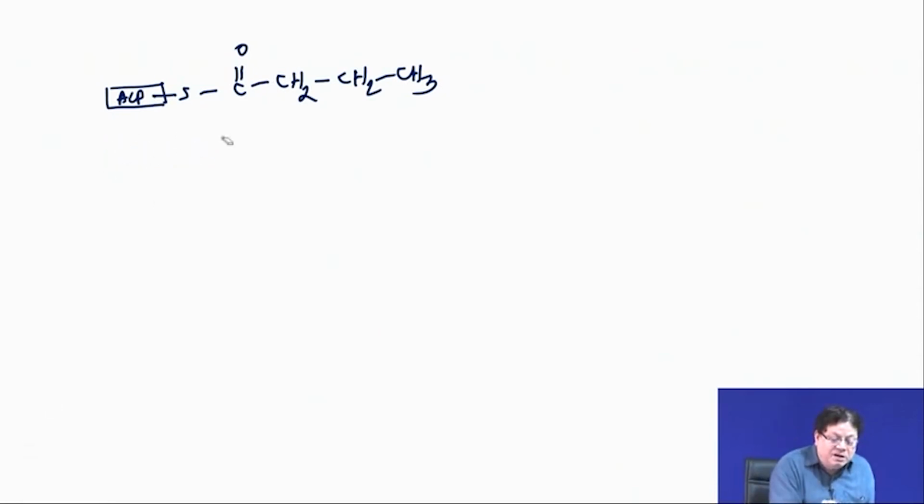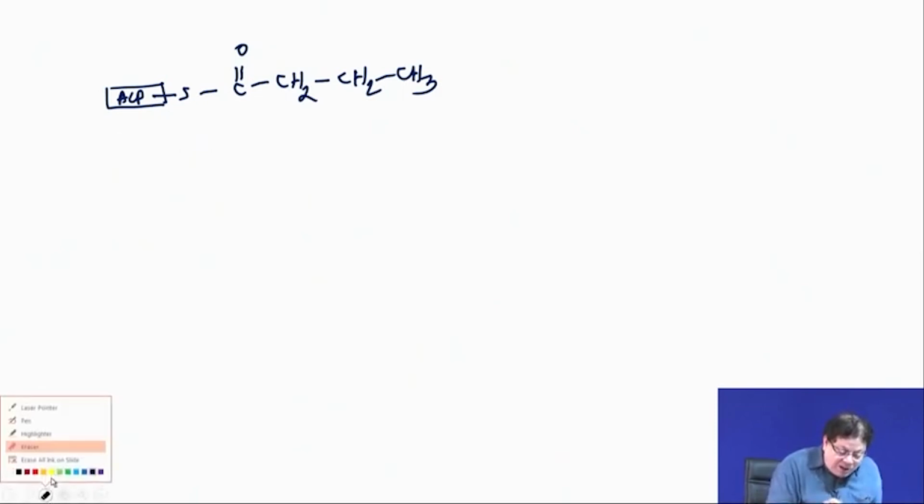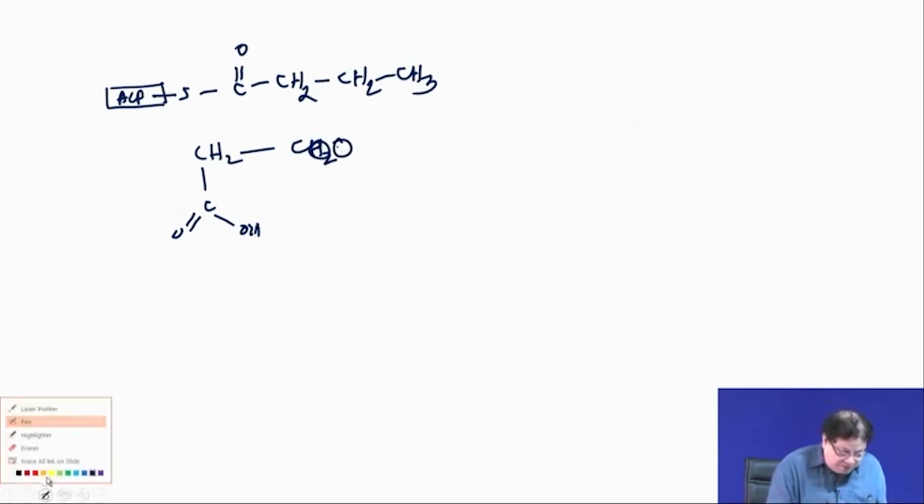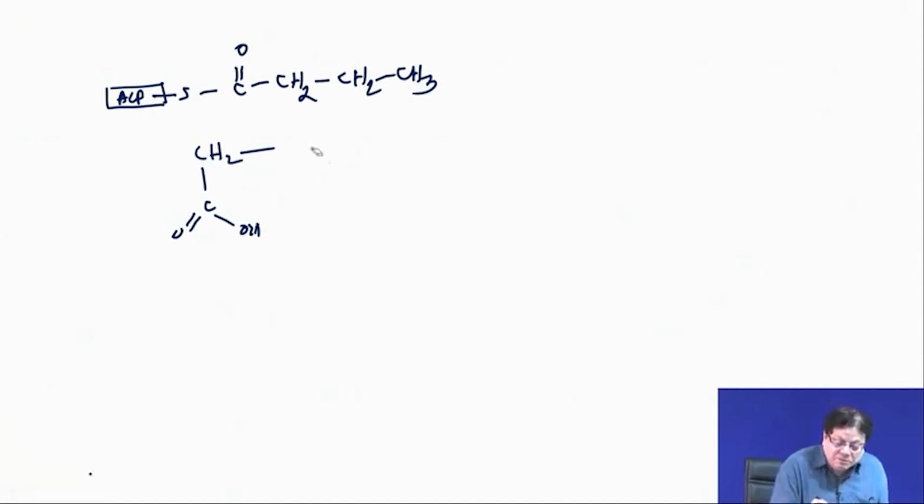Earlier in that reaction, ACP was holding the malonyl group and the ketosynthase was holding the acetyl group. In the next reaction, you again have another malonyl system.